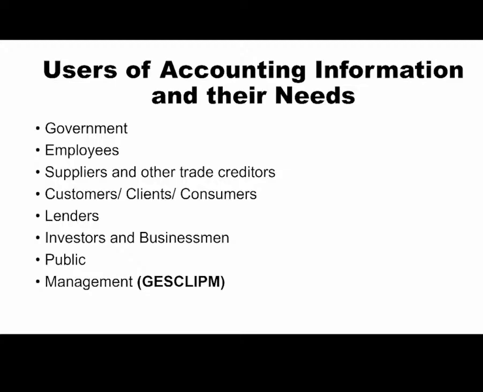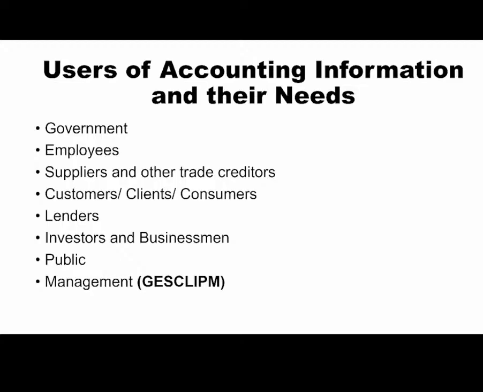Then you have suppliers and other trade creditors, those who are providing merchandise to different business establishments, such as Coca-Cola or Pepsi. They need to understand the business well. Then you have the customers and the consumers.